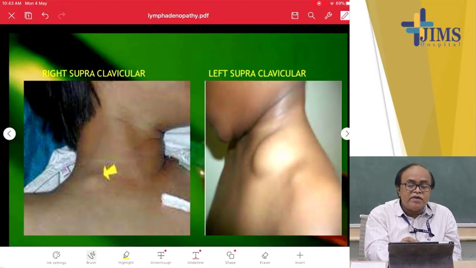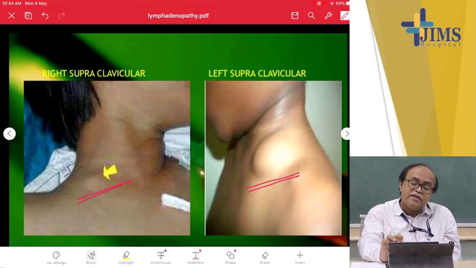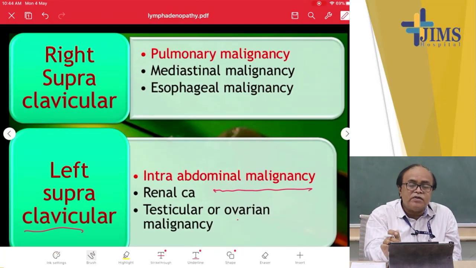The right supraclavicular gland is shown here, marked. Then left supraclavicular lymph node enlargement in this picture. So you have to first see the lymph nodes, palpate, and you have to mention which site is affected, and according to the site there are the causes which I have told you earlier.